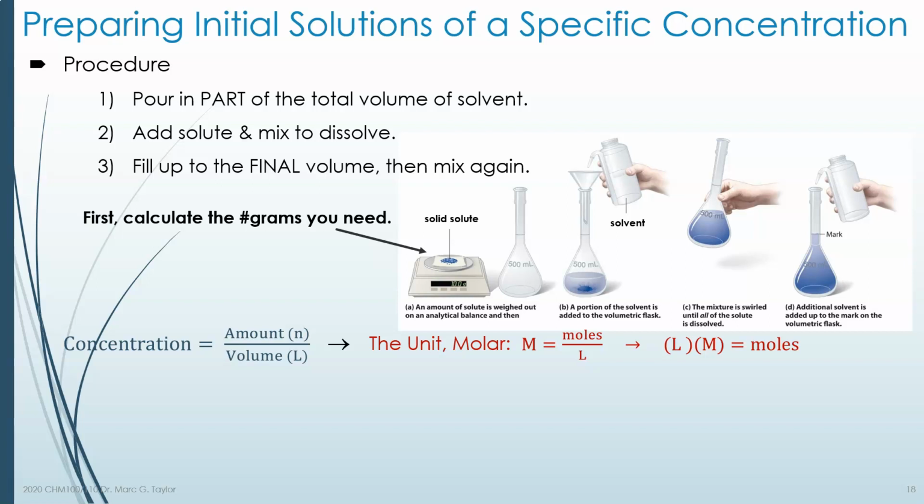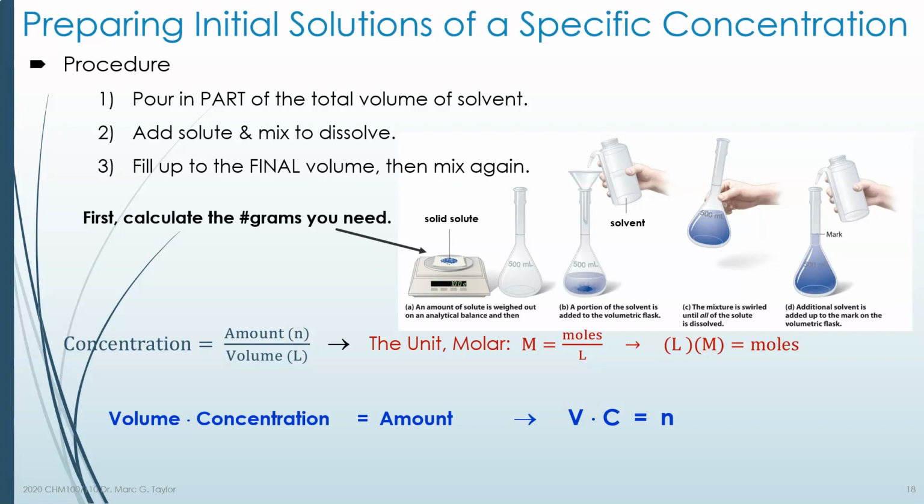And you can express that in terms of units as molar, the capital M, equals moles per liter. And you can rearrange that equation to see that the volume in liters times the concentration in molar is equal to the number of moles. And if we keep that same equation, but instead of using the units, we use the actual properties, volume times concentration is the amount in moles.